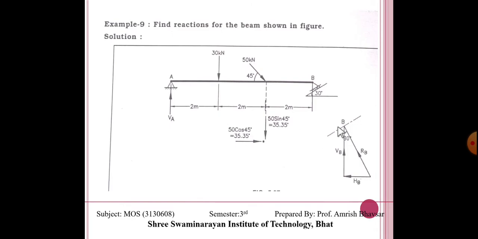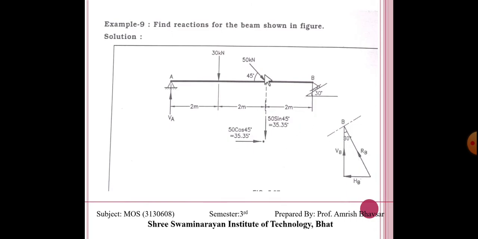So we have to consider that RB in the vertical and horizontal components. So here RB is inclined at 30 degree. So VB is equal to RB cos 30 and HB is equal to RB sin 30. So we have to take into consideration the two components of RB.